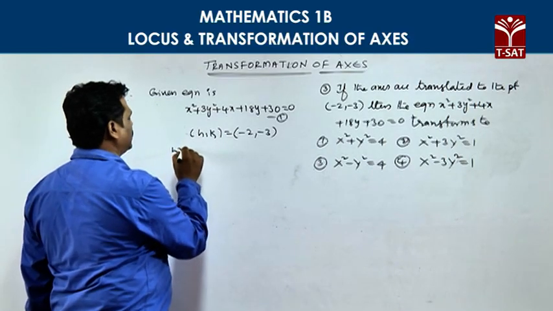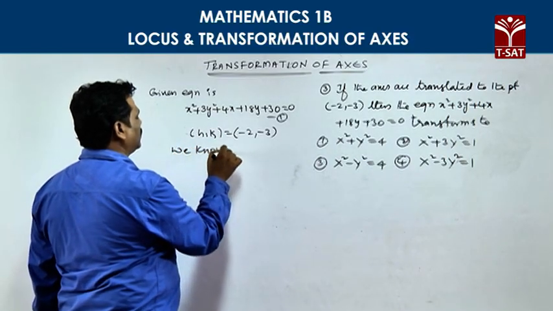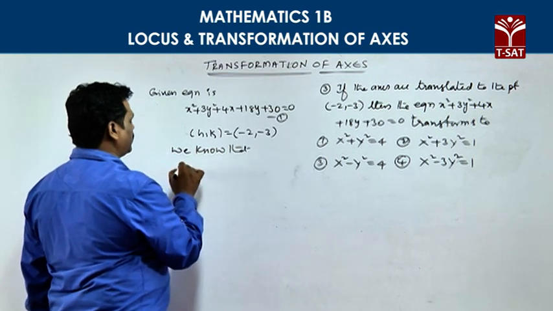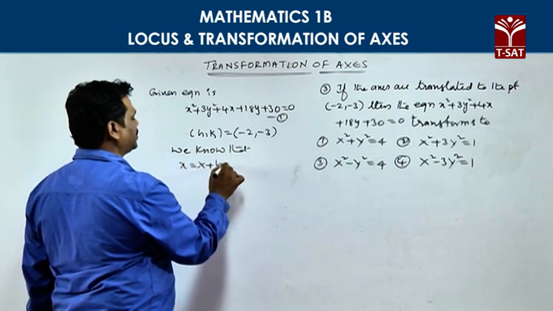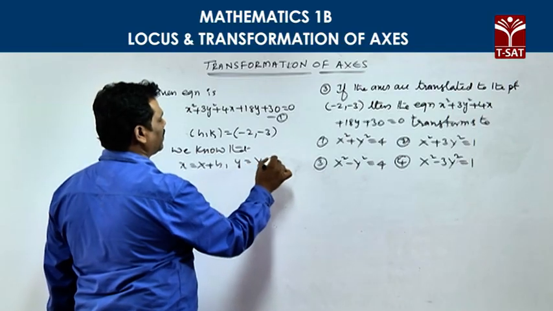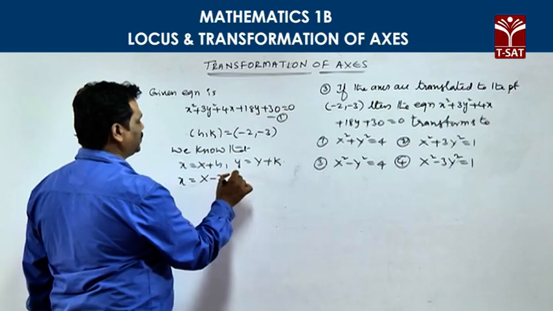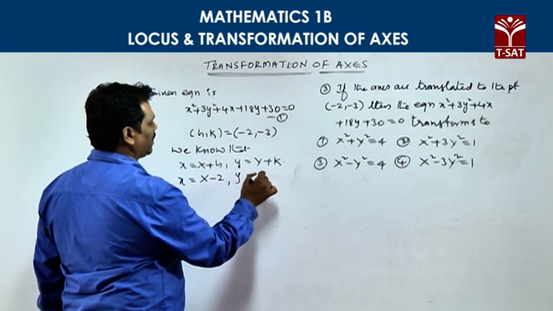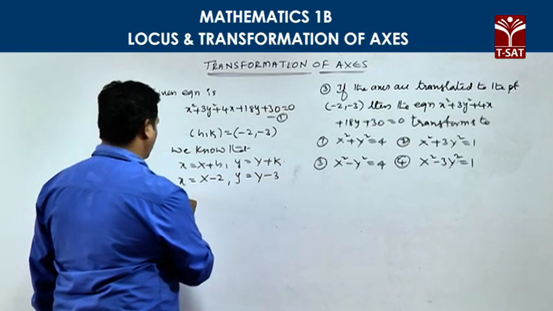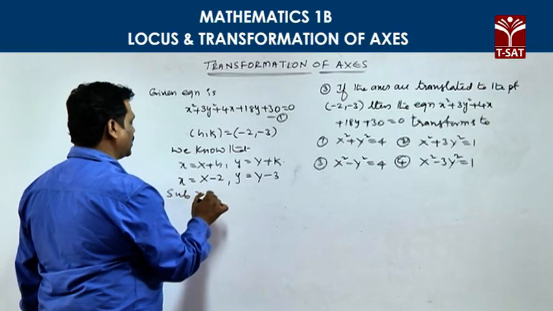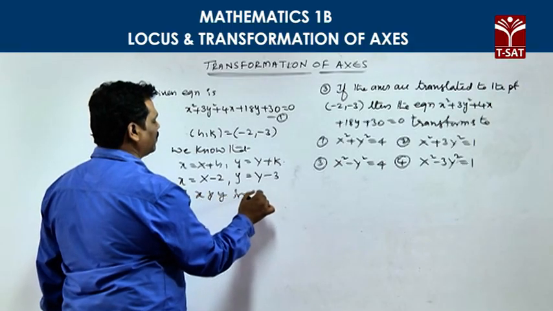We know that small x = capital X + h, small y = capital Y + k. So here small x = capital X - 2, small y = capital Y - 3. Substituting x and y in equation number 1.